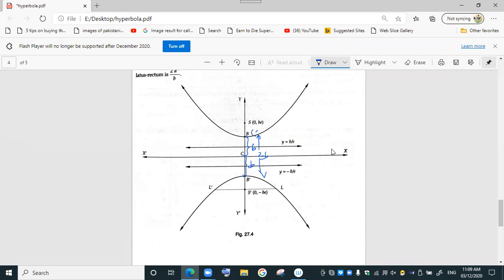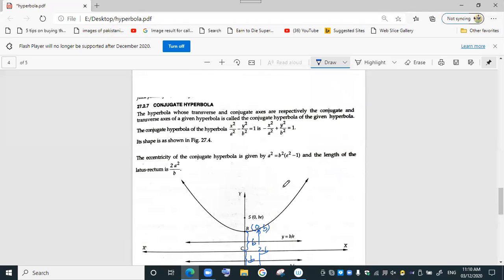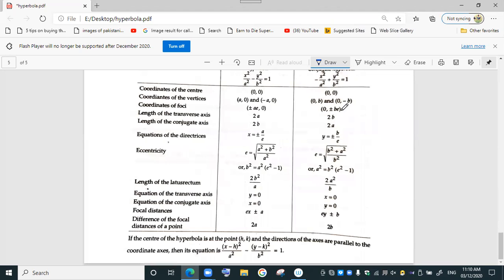So its coordinates are (0, b) and (0, minus b). And the equation will be changed. Here the equation will be, multiplying this equation by minus, minus x square upon a square plus y square upon b square is equal to 1. This is the equation of a conjugate hyperbola.